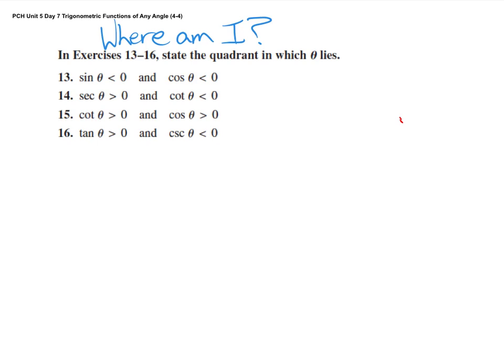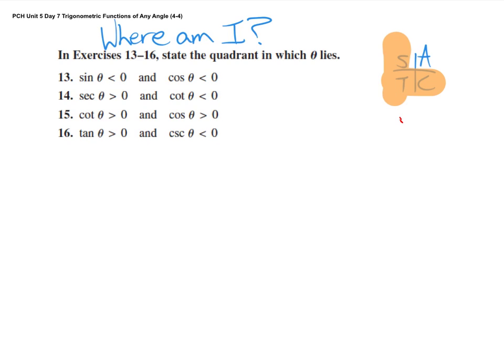Quadrant 3. Okay. So, in the first case, I know that sine is negative and cosine is negative. So where are sine and cosine both negative? Quadrant 3. If you think about All Students Take Calculus, think about it this way. Sine is negative here and here.